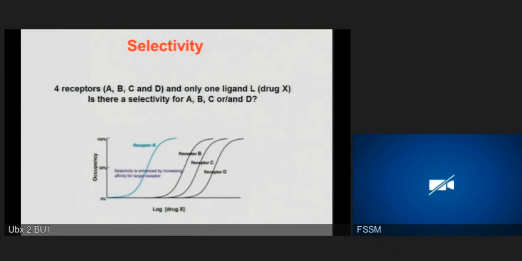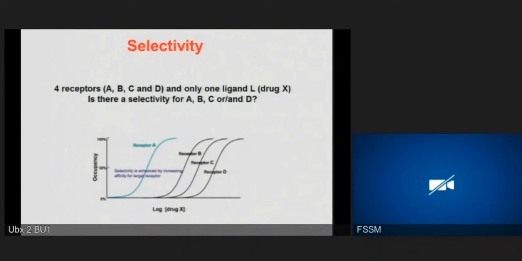You could use a very high concentration and then you lose the selectivity for A. So the selectivity is a notion that is relative. It is relative to the concentration you are using.